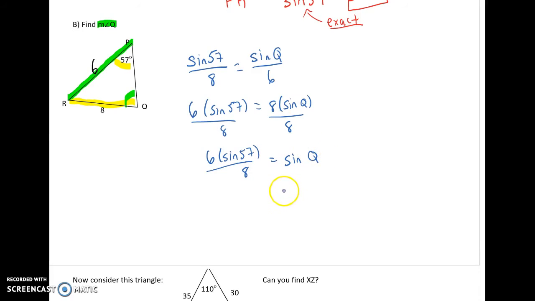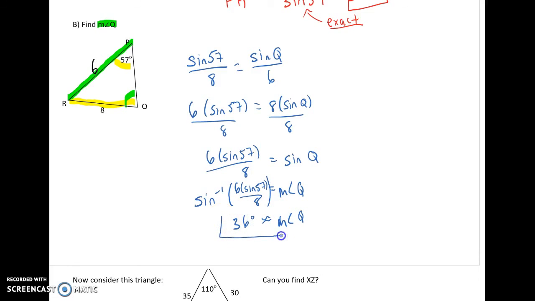Well, that's where the inverse function comes in. So the measure of angle Q is equal to the inverse sine of 6 times sine 57 over 8. Then you can throw that into your calculator. Let's round to the nearest degree. So the measure of angle Q is approximately, what, 36 degrees?